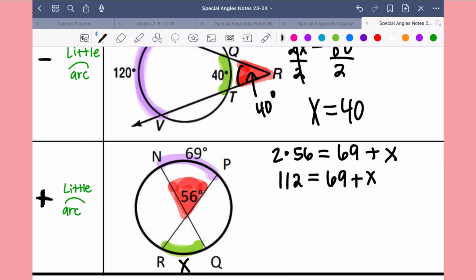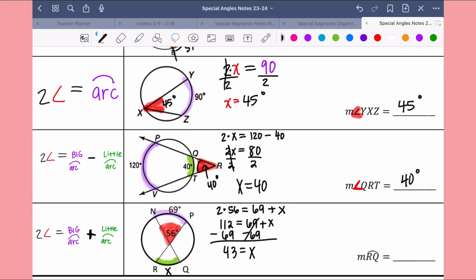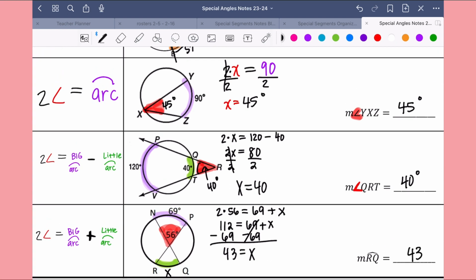Now I need to get rid of this number. I'm adding 69 to x, right? 69 plus x. What's the opposite of adding? Subtracting. 112 minus 69 is 43. So this little arc is 43 degrees, which is what they were asking for, arc RQ.